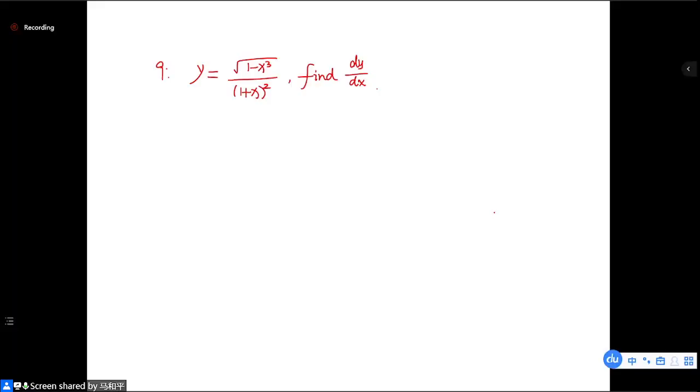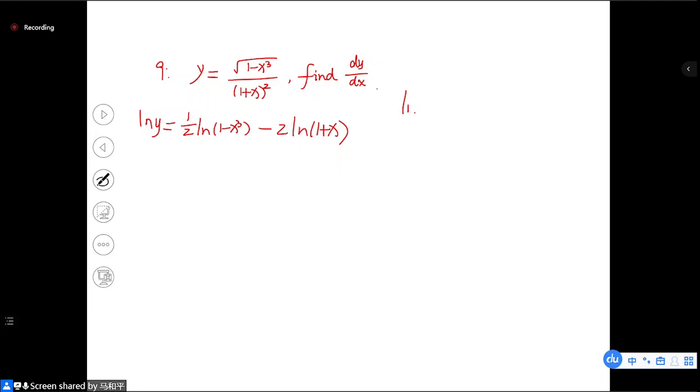Okay, number 9. Taking logarithm, ln y is equal to 1 over 2 ln(1 minus x cubed) minus 2 ln(1 plus x). But if you write it as ln(1 minus x cubed) to the 1 over 2, it's not equal to ln of 1 over 2 times (1 minus x cubed).